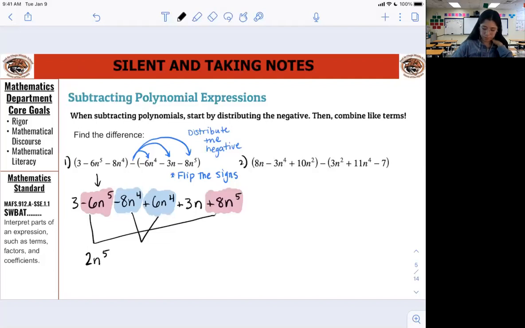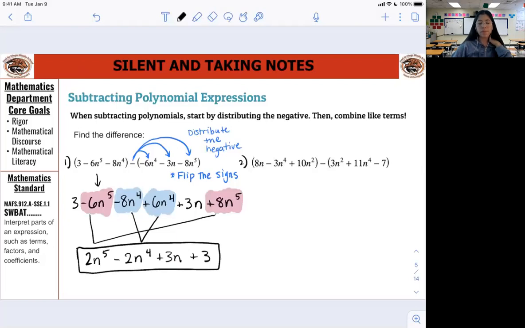Negative 2n to the power of 4. Good. Now I have a 3 and I have a 3n. What should I write next? 3n, then 3. And there's my final simplified answer.